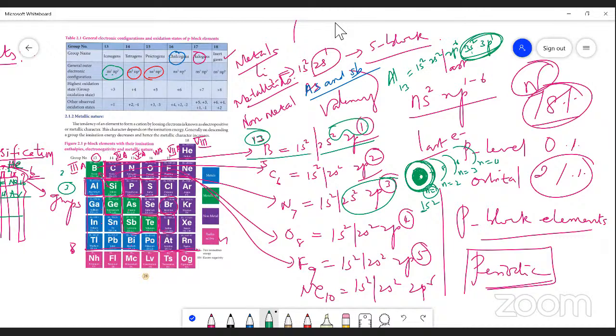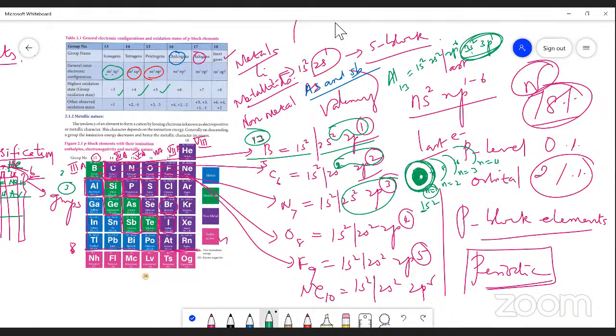The carbon family has 4 electrons in its outermost valence level, so its oxidation number is 4. And the nitrogen family has 5 electrons in its valence level, so 5 is its oxidation state. You should understand that it can produce numerous compounds.